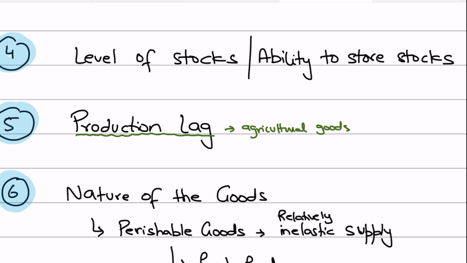Because you see, agricultural goods have a fixed sowing and harvesting period, right? And they can't increase output beyond or before that certain period, right?